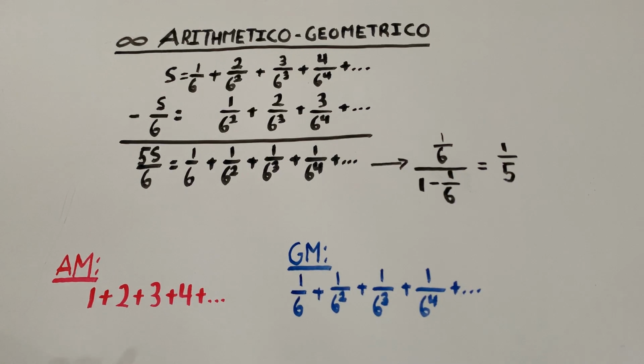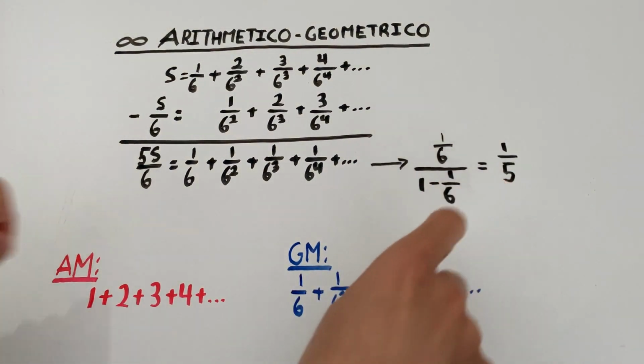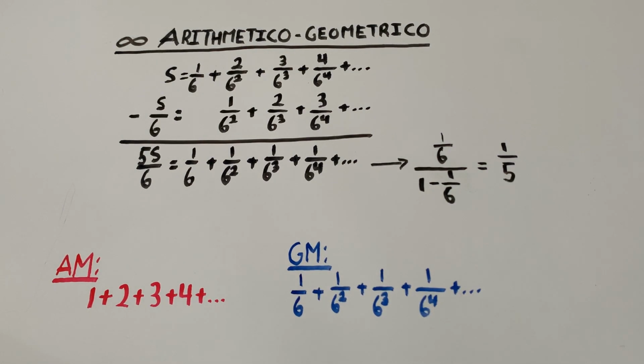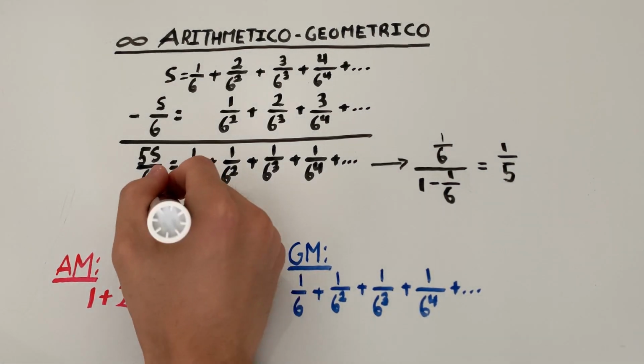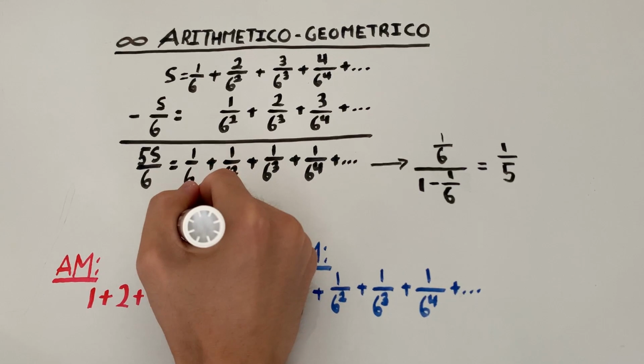So we know that 5S over 6 should be equal to 1 over 5. So we can multiply both sides by 6 over 5 to get S on its own. And we find that S ends up being 6 over 25.